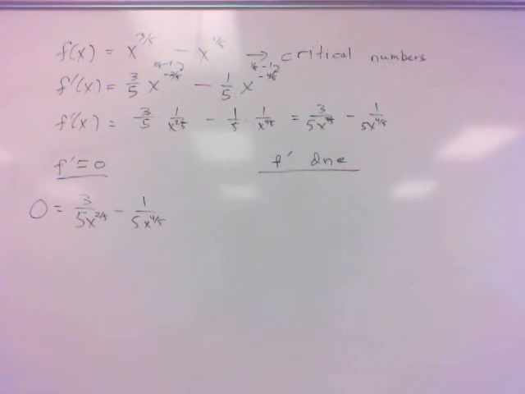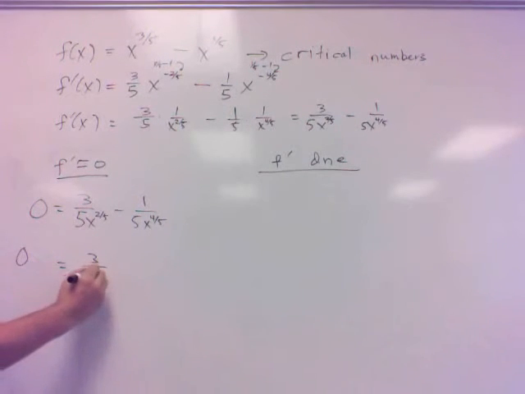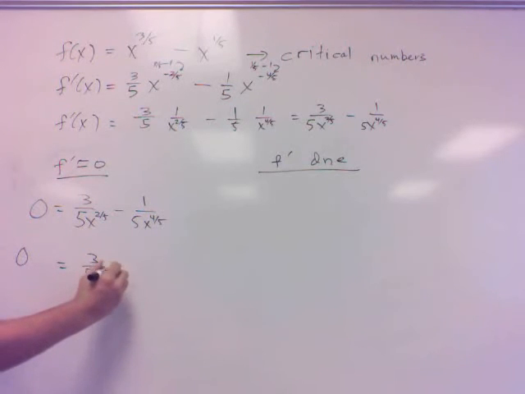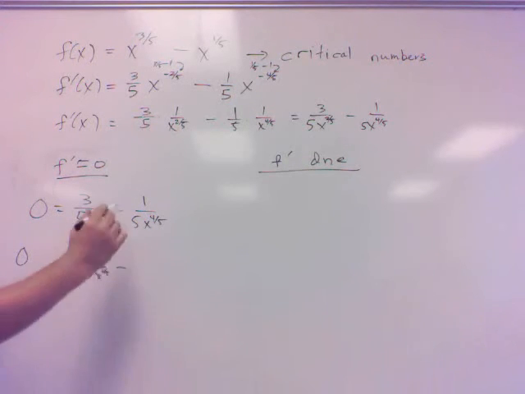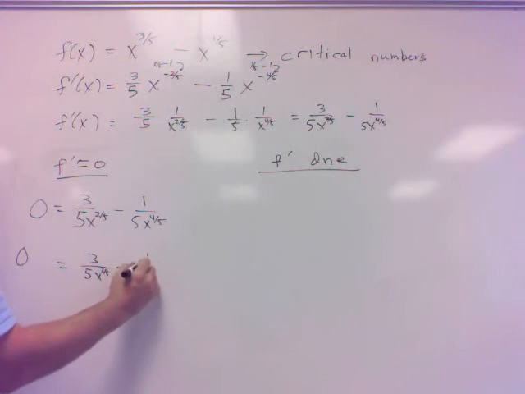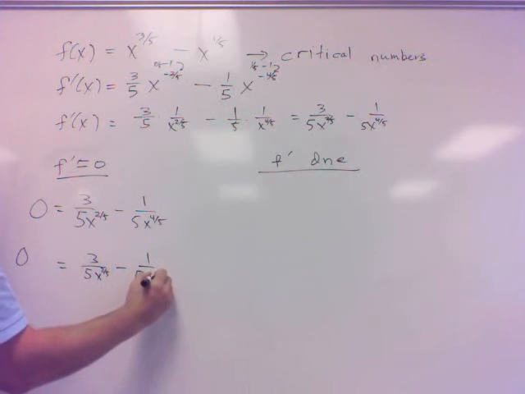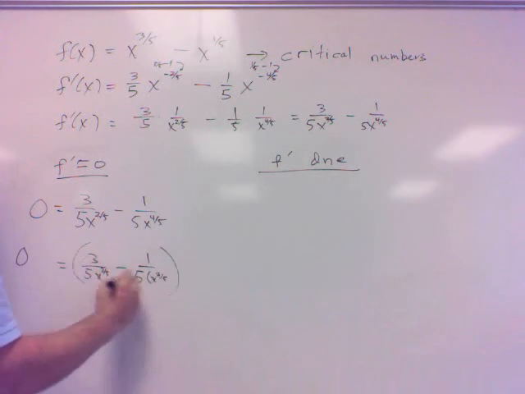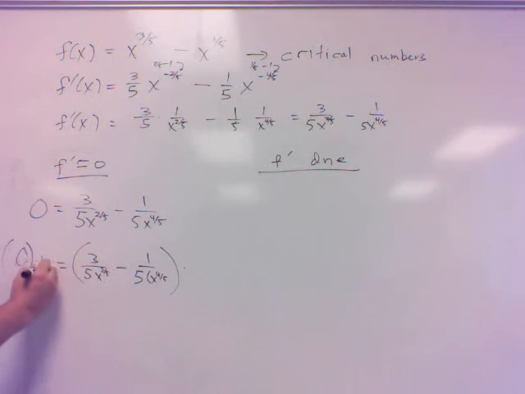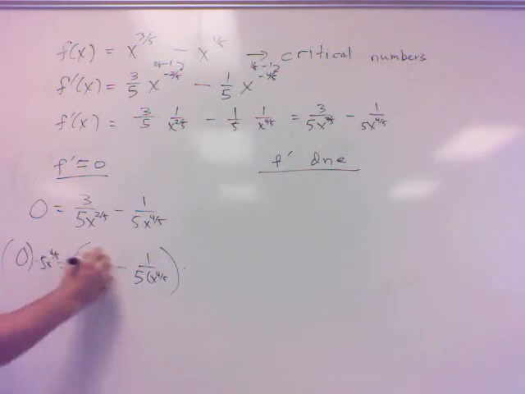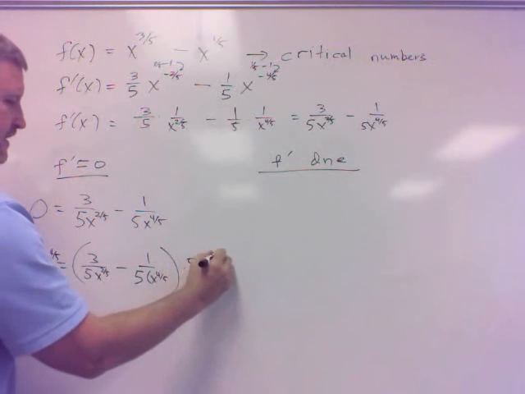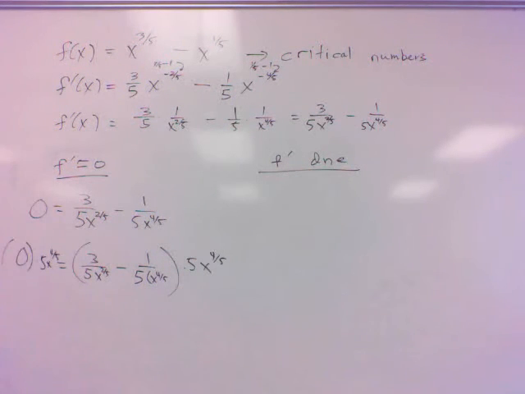Let's multiply both sides by 5x to the 4/5. Kind of get rid of some denominators. Multiply both sides by 5x to the 4/5. Kind of the common denominator, sorta.